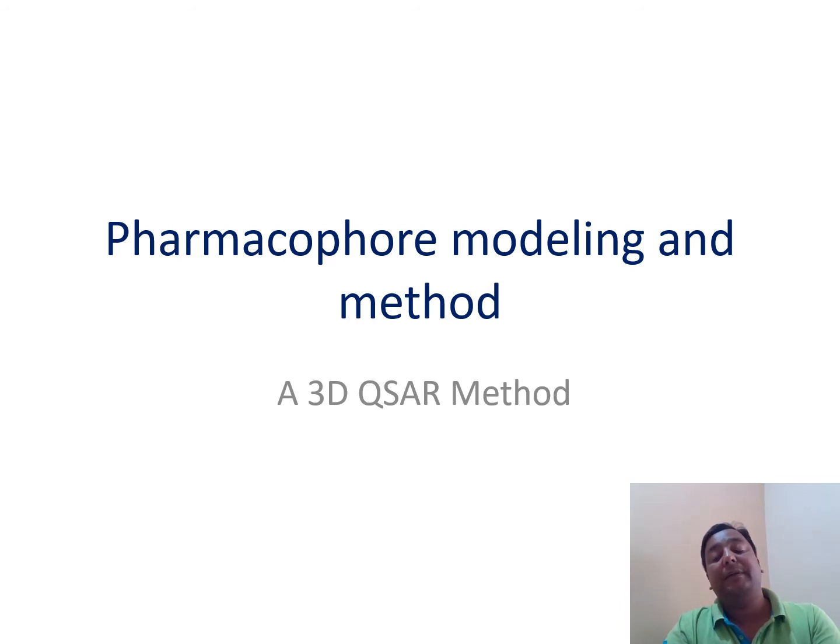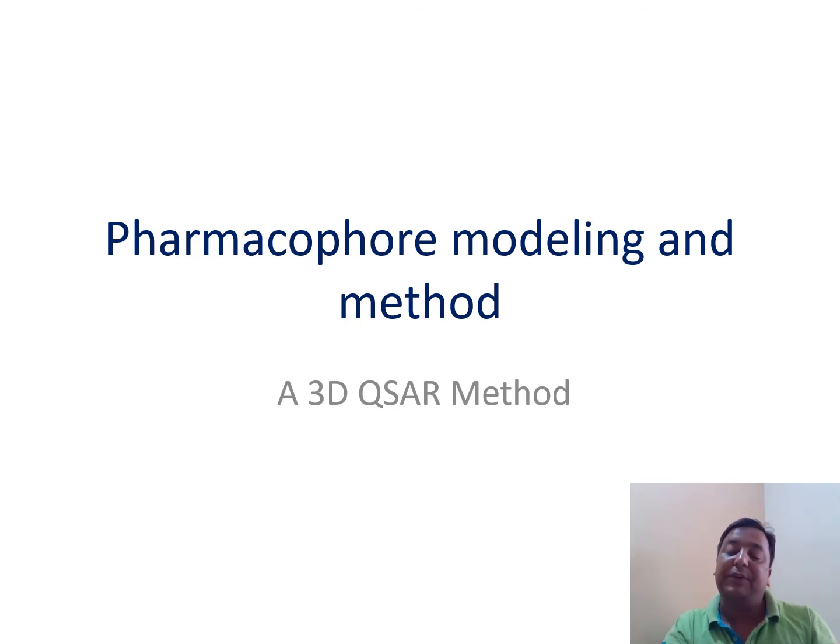As we have learned in 2D QSAR modeling and 3D QSAR modeling, there are descriptors which respond to the biological activities. In a general way, we define QSAR as a mathematical equation which correlates a wide variety of physicochemical descriptors with biological activity.